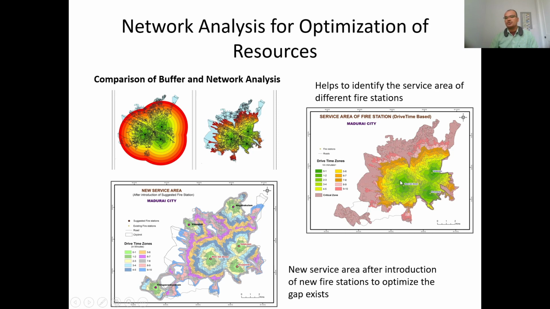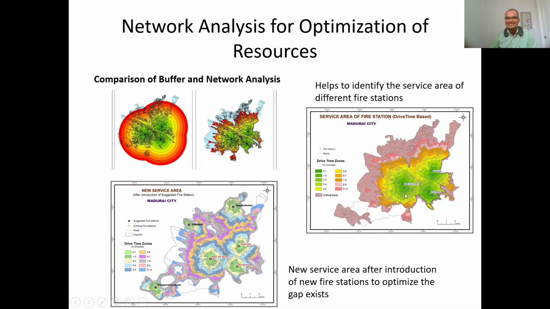So if you consider all this joining of network and its characteristics, and if you calculate the distance or drive time zones, you can understand very clearly how much area can be covered within a set of specified minutes. So when I looked, most of the peripheral areas were not covered, and when I looked at fire incidents, most of the fire cases were recorded in these areas, especially the satellite town, which gets fire service from the city center, and the traffic hinders like anything.